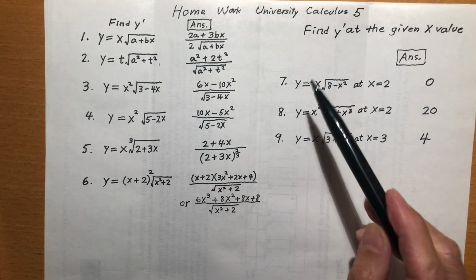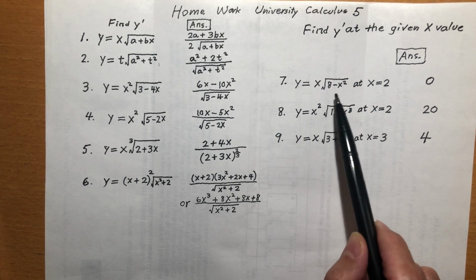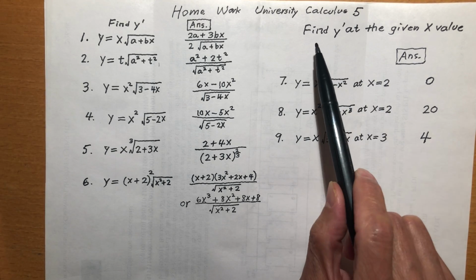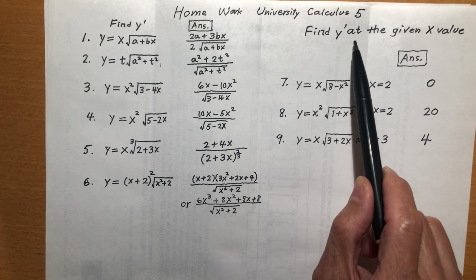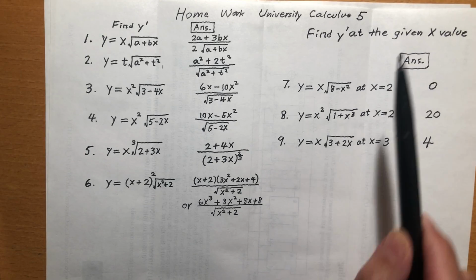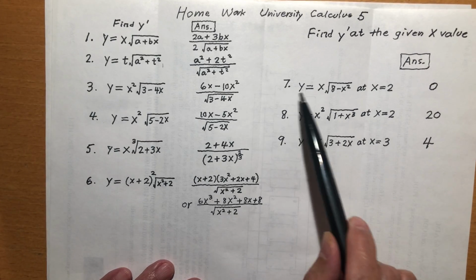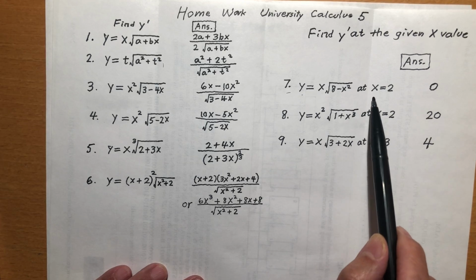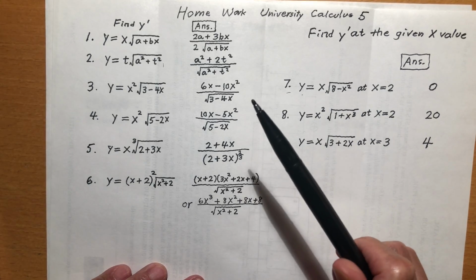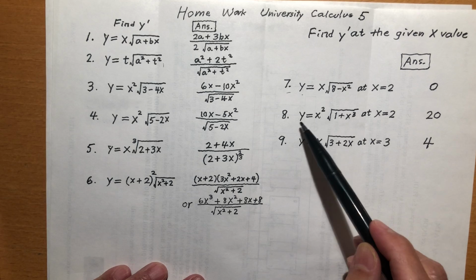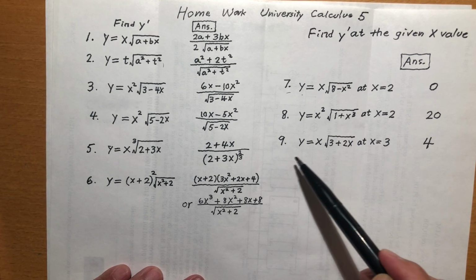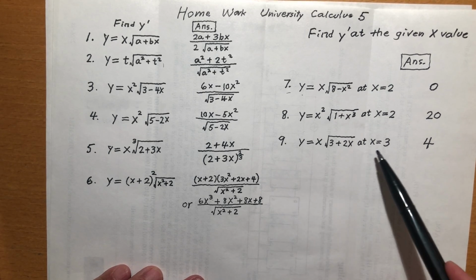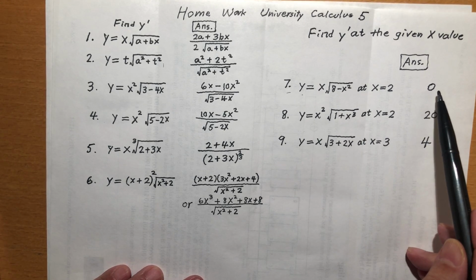Now, for this part, you are given a function and you want the derivative. But we not only want the derivative, we want the derivative at the given x value. So for number 7, I want the derivative when x is 2. For number 8, I want the derivative when x is 2 again. For number 9, I want the derivative when x is 3. And the answer is given to you.